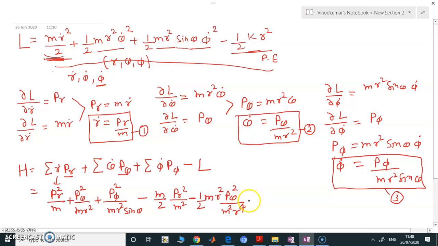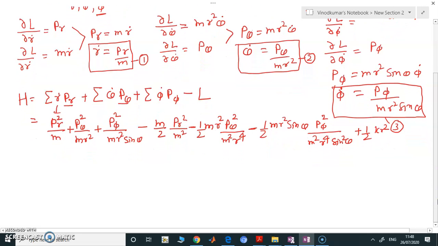The third term of the Lagrangian is minus 1 by 2 m r square sine square theta, and the value of phi dot is p phi square upon m square r to the power 4 sine square theta. And the last, the potential energy term, is minus k r square, so here it will be plus half k r square.